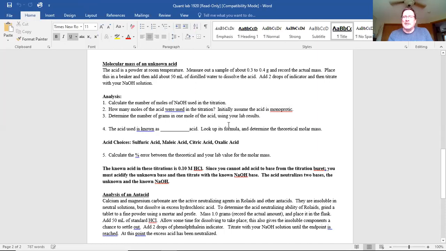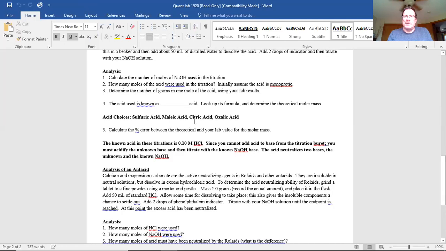If when you add these all up, you don't see it quite matching what you did here, then you can't assume it's monoprotic. Then it might be twice the number of moles, or 3 times. Anyhow, I'll let you figure that one out. But once you make your choice, then you do the percent error. And the theoretical value is always the one you add up here. Okay.